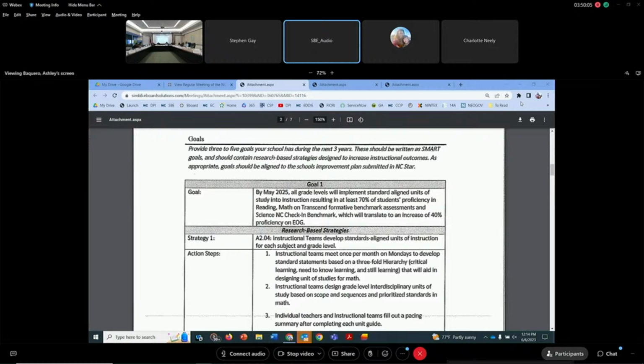When I go back to what the state board, the reason we're here today, is because the state board has put conditions on your renewal. They put a lot of conditions on that.